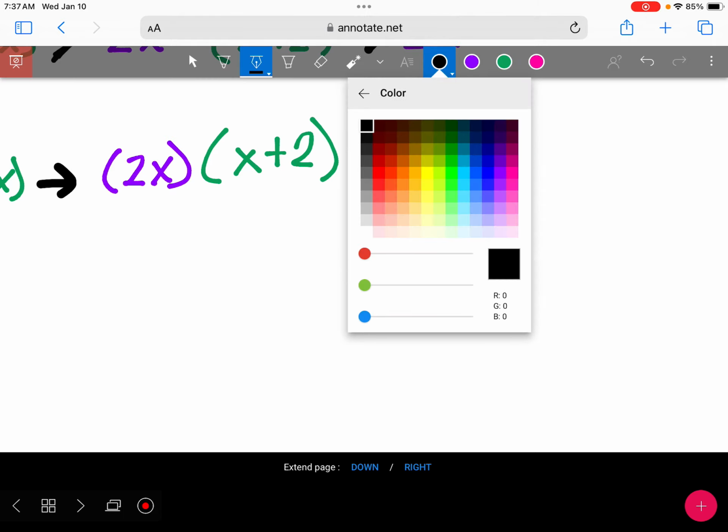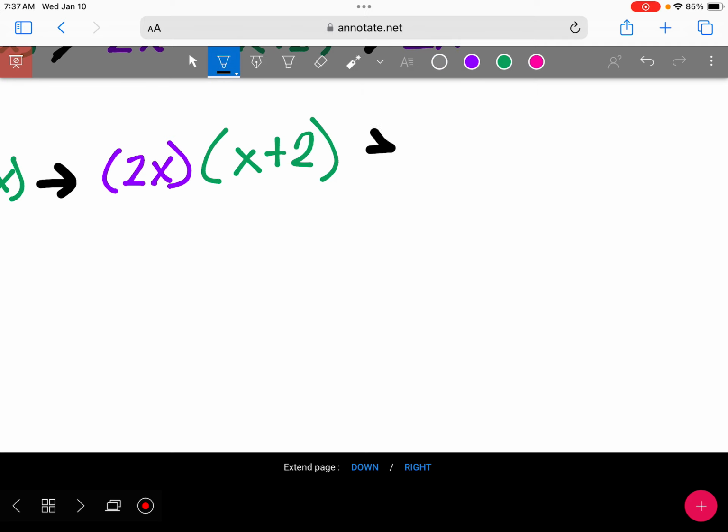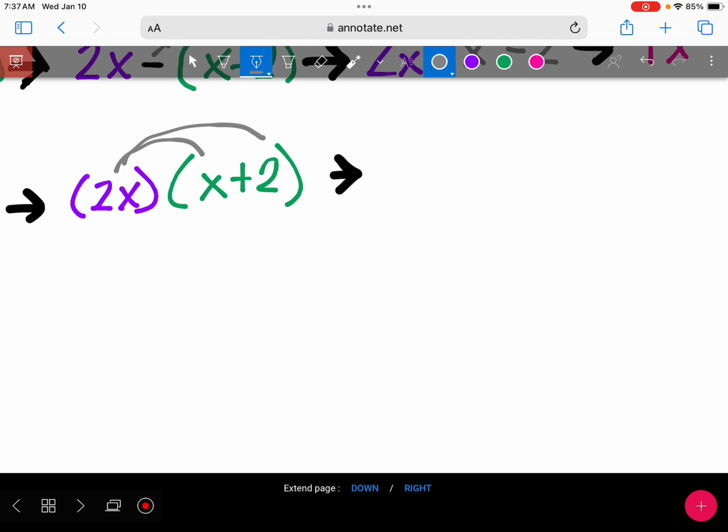What can I do here to simplify this? Yeah, this is a distribution problem. We're going to take 2x times x. What is 2x times x? 2x squared. And then 2x times 2, 4x.